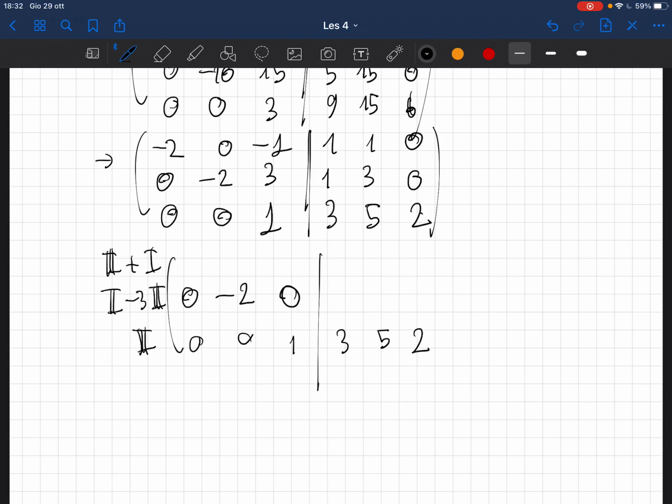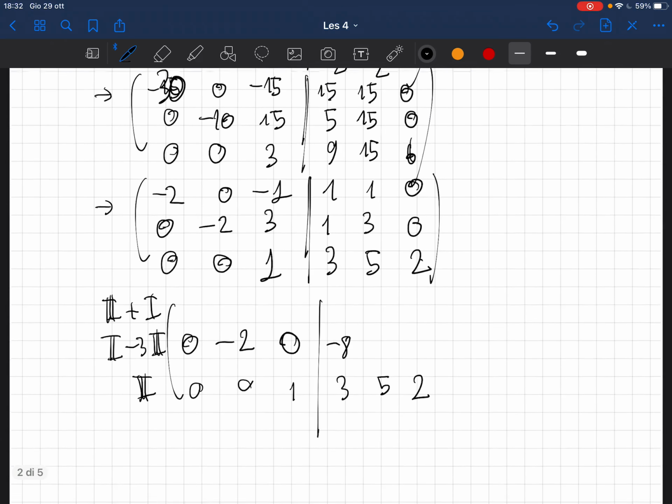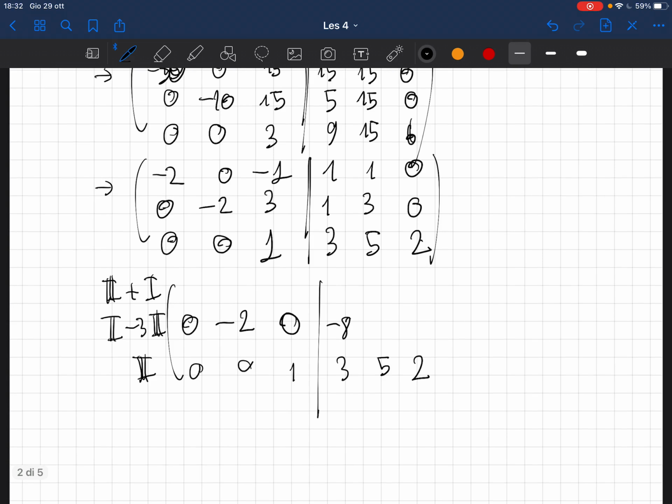But here, be careful. 1 minus 9 is minus 8. 3 minus 15 is going to be minus 12. And 0 minus 6 is going to be this. Okay, very good.